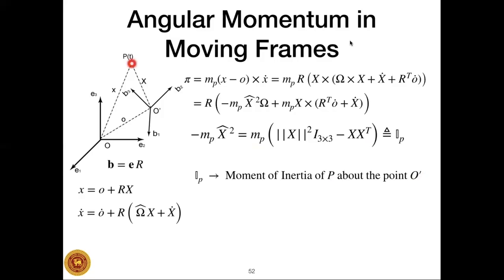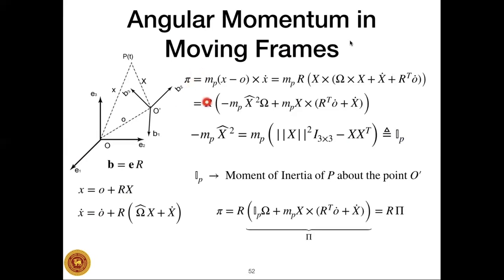So this point object with mass M_P, at this point, we will define I_P to be the moment of inertia of the point mass P of mass M about the point O prime. And that is given by this expression over here. Now, if you define that quantity, you can rewrite this thing over here using this.